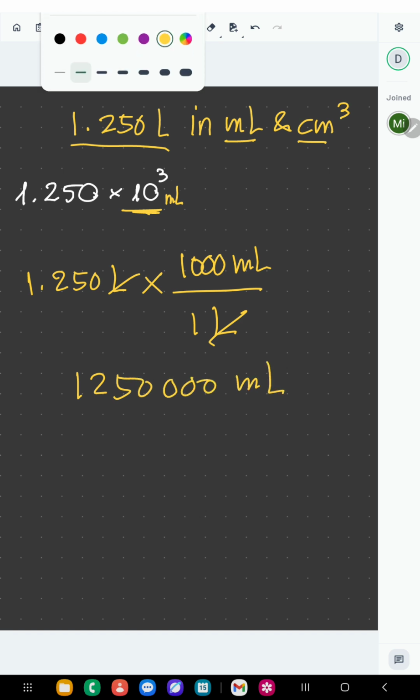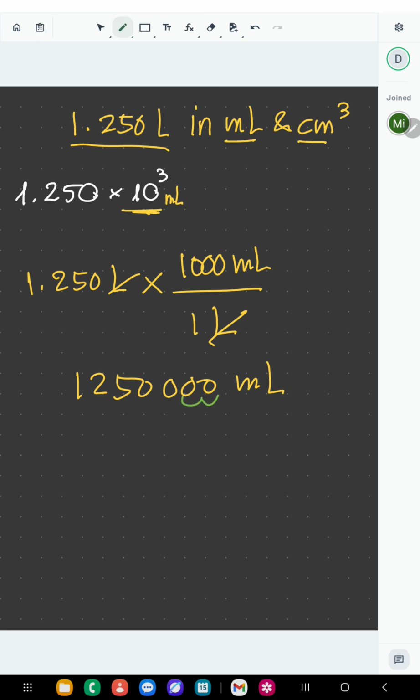And then you write that in scientific notation. 1, 2, 3, 4, 5, 6. Is that it? So 1 point, or for a while, 1 to 50 is not okay. So this is only 1,250 milliliters because I forgot this is a decimal point.